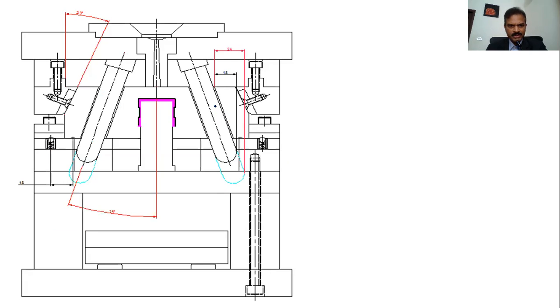The question is, how much should the slide move out? Who is controlling that? Like this is the slide, right? It can move a distance of maybe x, or maybe a distance of x plus something.